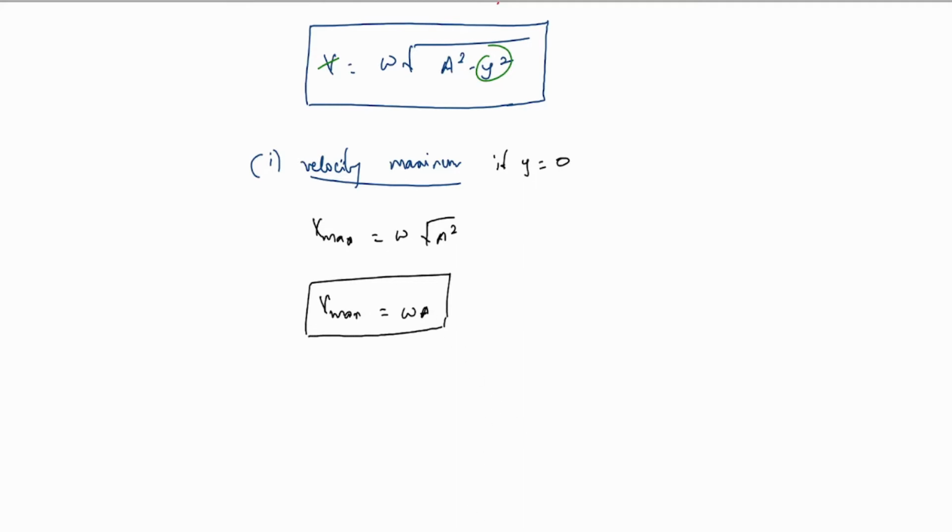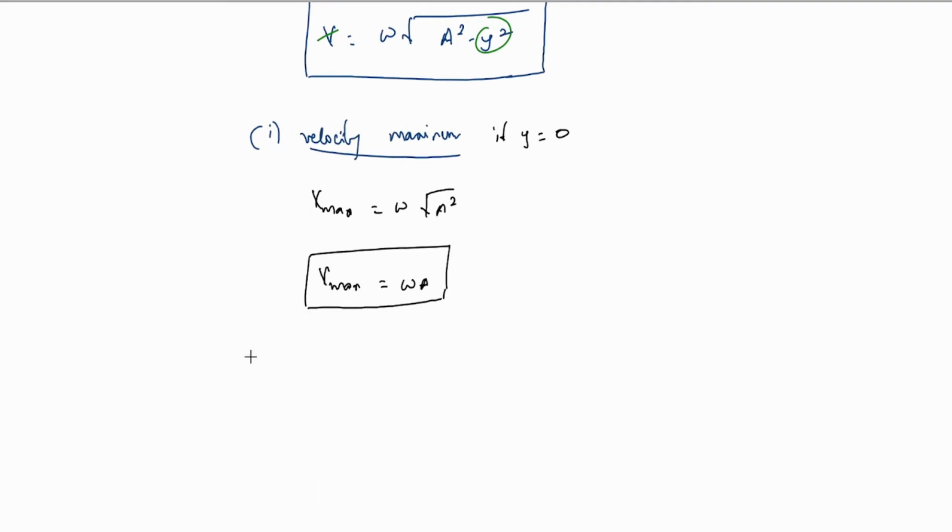Similarly, if you want to find the minimum velocity, this term should be as small as possible. We can't change omega, we can't change A. So by making y larger, this term could be smaller. That happens as y increases, and the maximum value of y would be A itself.